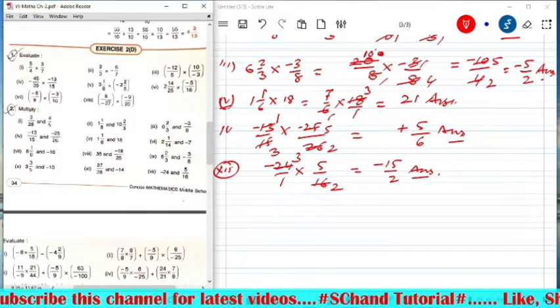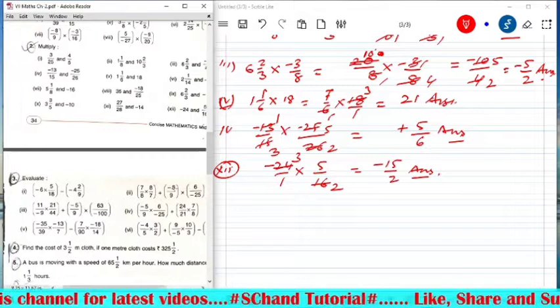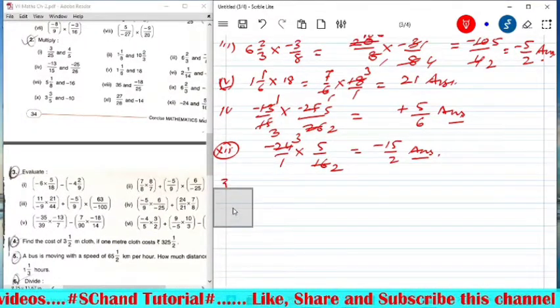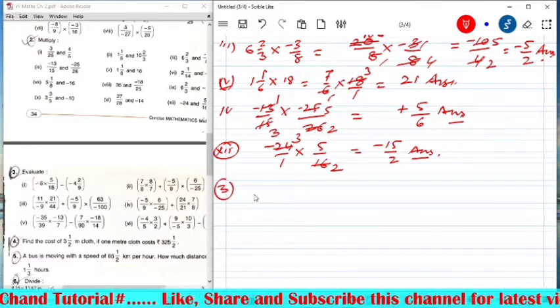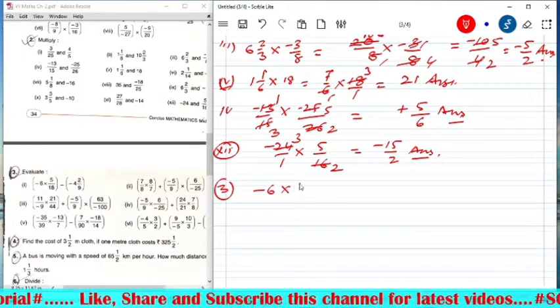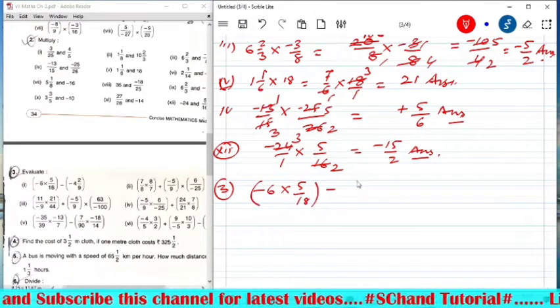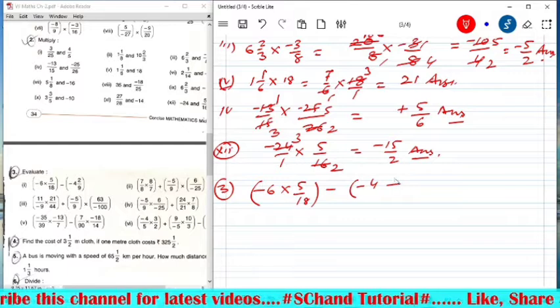It is simple. Then we have the third question. Third question again, minus 6 into 5 over 18 and minus 4 into 2 over 9.